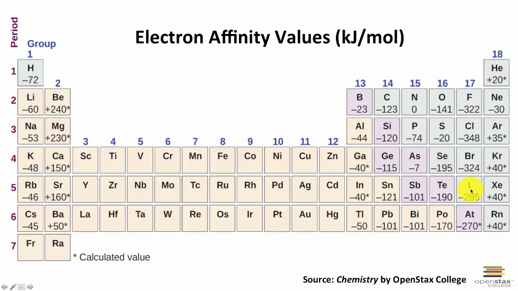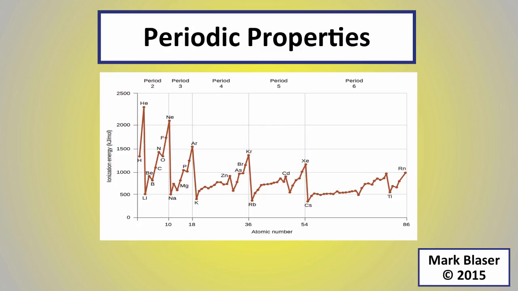The ones probably most worthy of note are things like the halogens and oxygen, things kind of in this corner of the periodic table. These are atoms that are reasonably happy to form negatively charged ions, and electron affinity corresponds to gaining 1 electron. So that is it for what we'll do with electron affinity. And that's it for what we'll do with periodic properties.